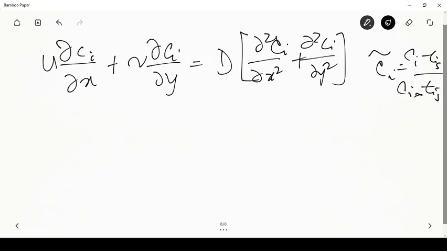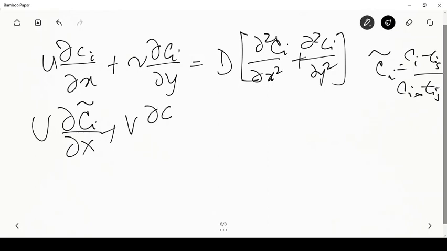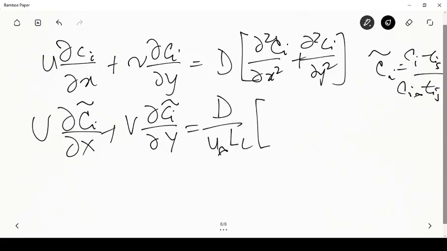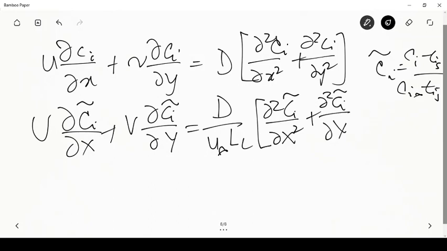Then the equation will look very similar to the energy equation when I write the U and V and X and Y in the non-dimensional form. So basically what I'll get is capital U del Ci tilde by del X plus capital V del Ci tilde by del capital Y is equal to D by U infinity LC multiplied by del squared Ci tilde by del X squared plus del squared Ci tilde by del capital Y squared.